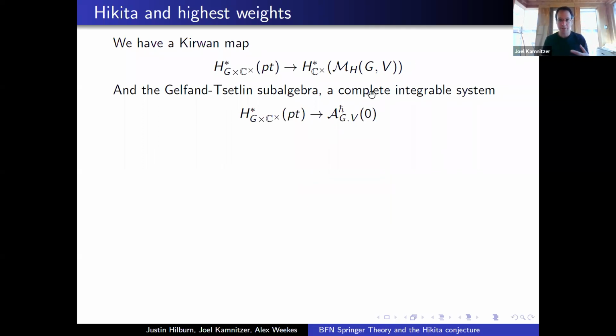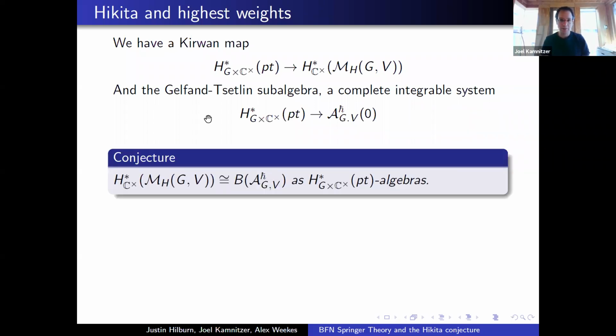And then this is always a complete integrable system. This is related to what Alex mentioned, and Steve mentioned as well.